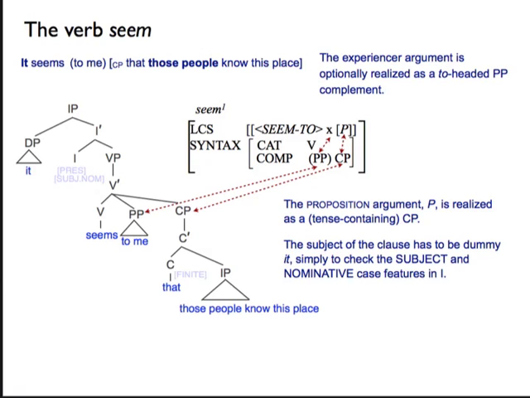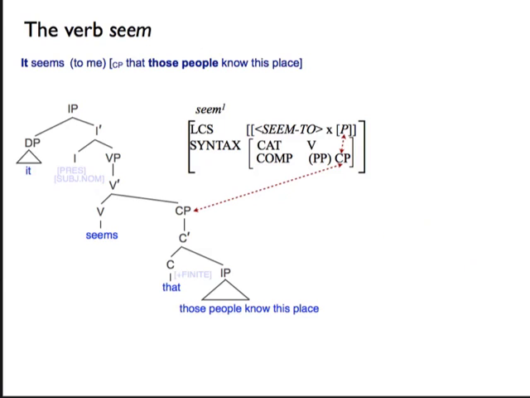"I know seems like someone's going to do that." No. "I know it seems like something." You have to put that. So there are certain conditions, but they're highly constrained. Okay, so English has to have a subject in general, and we put the it in there. Dummy it, and we say it's to check the subject feature and the nominative case feature. There's a nominative case feature, and that gets checked.